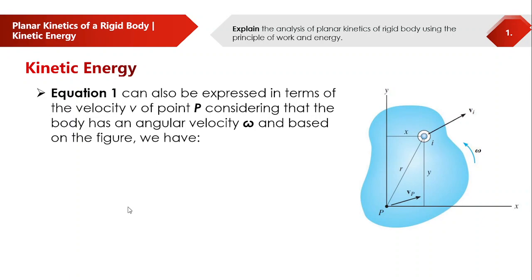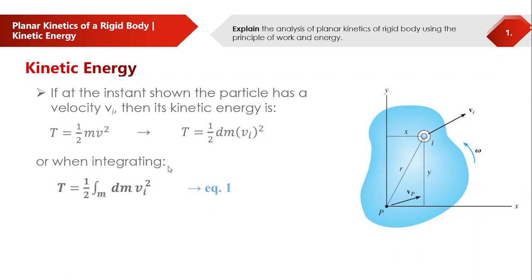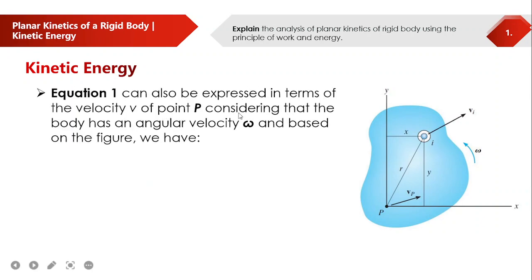So, equation 1 can also be expressed in terms of the velocity of point P, considering that the body has this angular velocity, omega.